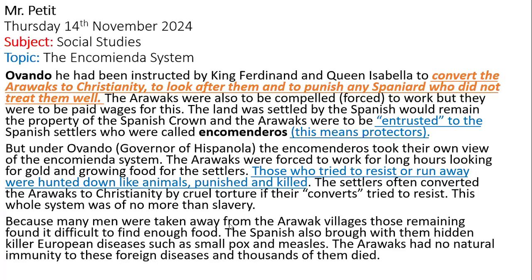The governor. The governor of Hispaniola. Very good. What three things was he entrusted to do? Convert them to Christianity, look after them, and punish any Spanish people who did not treat them well. Very good.